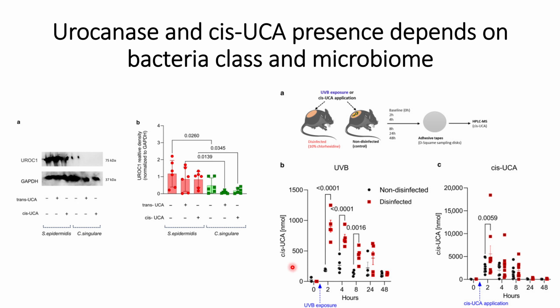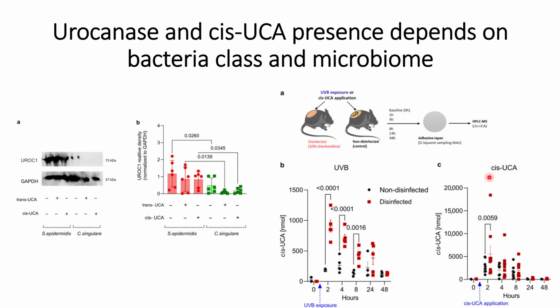And then what they are able to find out is that in terms of UVP exposure, they see only a slight significant increase in cis-UCA levels in the disinfectant case compared to the non-disinfectant, and this significant difference continues for the 2 hours, 4 hours and 8 hours signals when the mice are exposed to the UVP conditions.